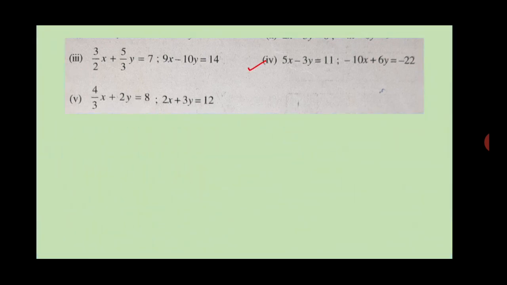Next, let us see one more problem. Fourth problem: 5x minus 3y is equal to 11, minus 10x plus 6y is equal to minus 22. Again this is not in general form. Write it in general form.